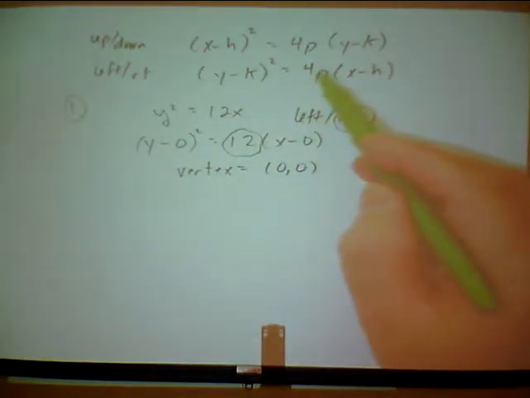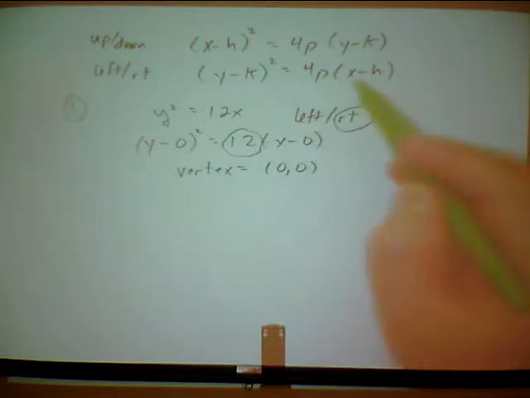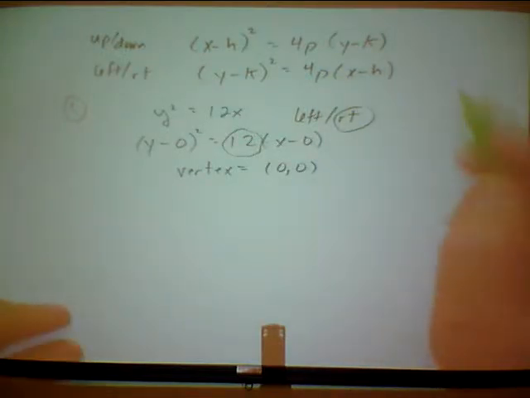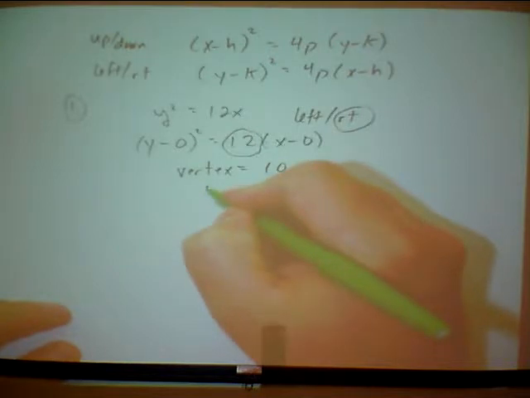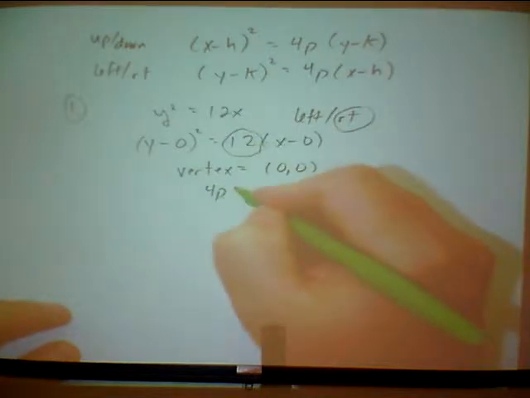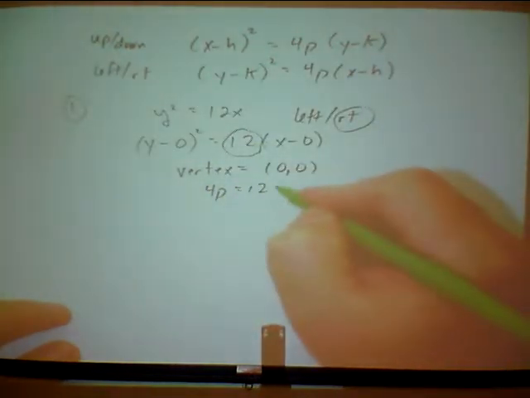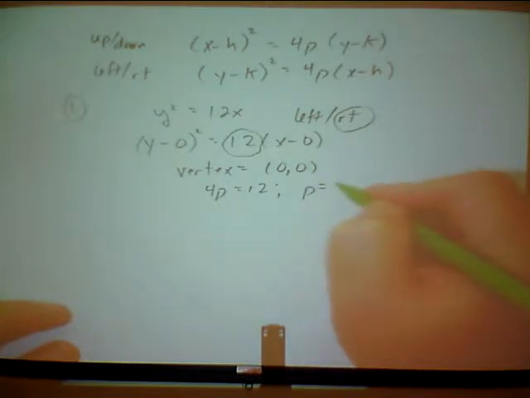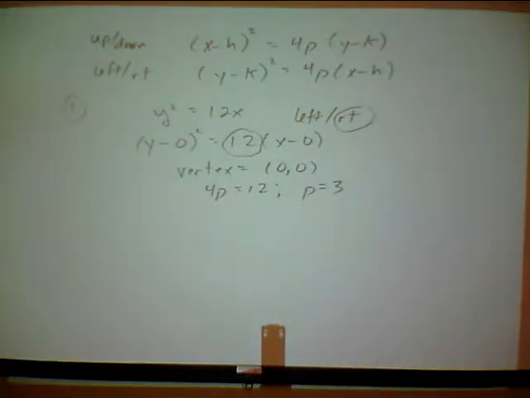The coefficient has to be in front of the other parenthesis. So in this case, 4p equals 12. And if I solve for p, it's 3.